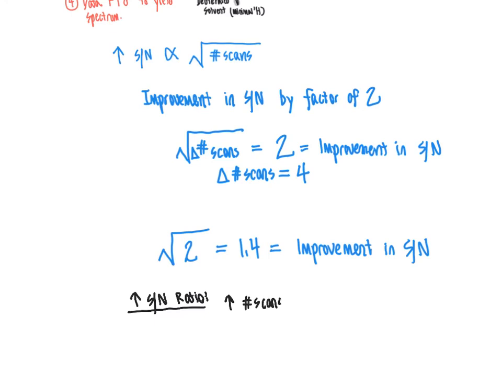And if you need to dramatically increase the signal-to-noise ratio, you're going to need to even more dramatically increase the number of scans, because the signal-to-noise ratio increases as the square root of the change in scans. The other way to improve your signal-to-noise ratio is to get an instrument that has a higher magnetic field, because that will accomplish it as well.